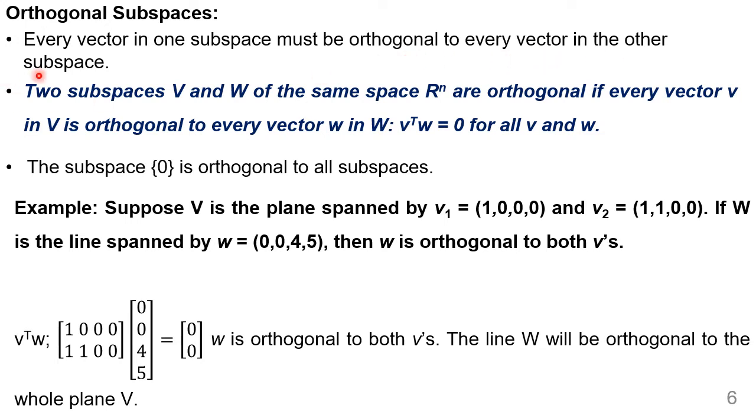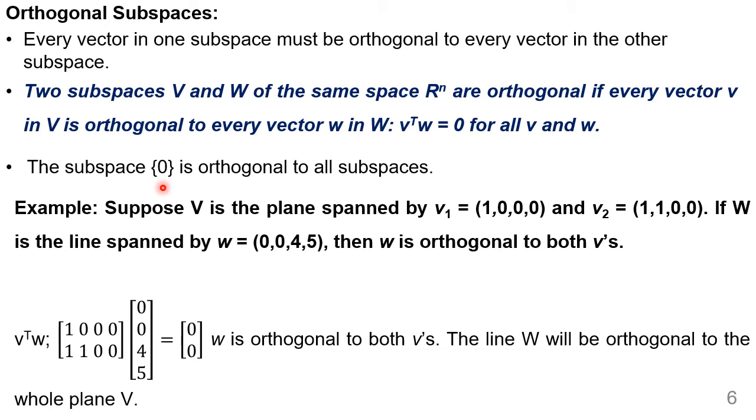In general, two subspaces V and W can be said to be orthogonal provided every vector v in V is orthogonal to every vector w in W. That is, v transpose w is equal to 0 for all v and w. Even the subspace 0 is orthogonal to all the subspaces.